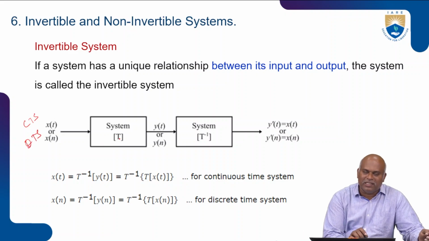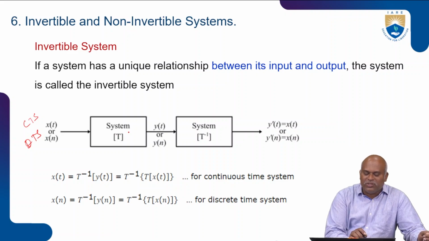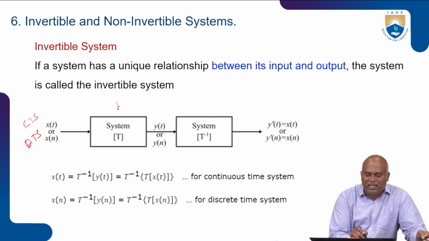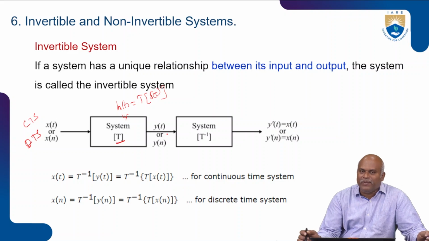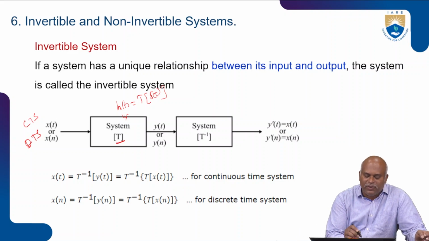Now I am going to do the system. The system produces a performance represented as h of t equal to T of the bracketed input, delta of t. The system performance is generally called h of t, so I represent it as T of t in square brackets. Its produced output is y of t.